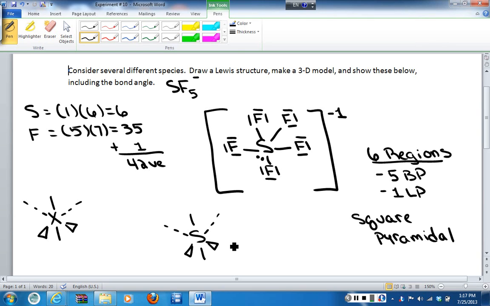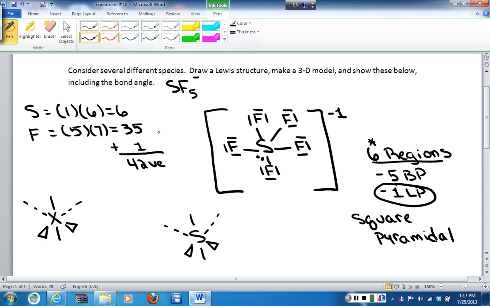So in the previous example, we had to pay special attention to where our lone pair was placed. In this particular example, because it's got 6 regions, when we only have 1 lone pair, it does not matter in which of these 6 positions you place the lone pair.